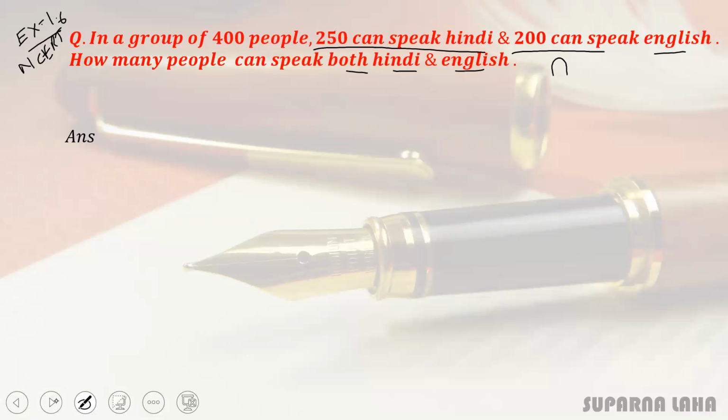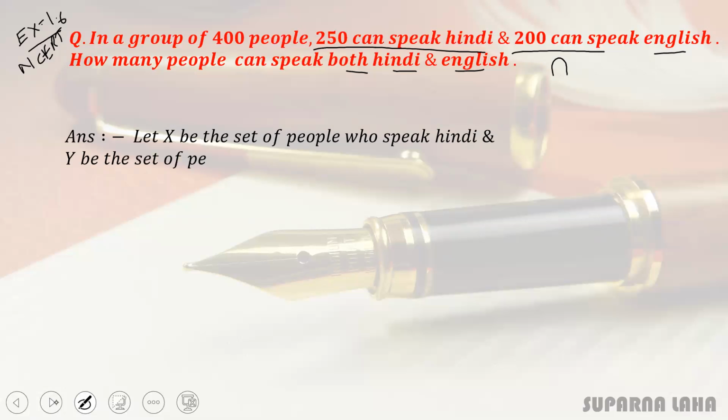So if we take the set X as the set of people who can speak Hindi and Y as the set of people who can speak English. The total number of people is given, that is 400, and 250 people can speak Hindi and 200 people can speak English.